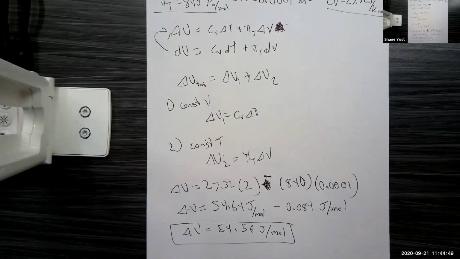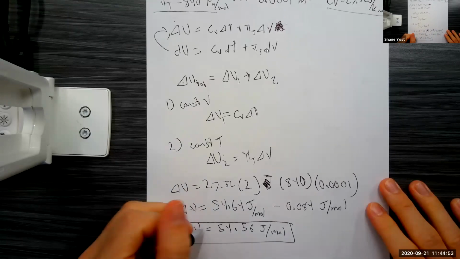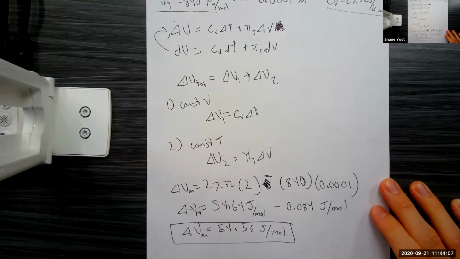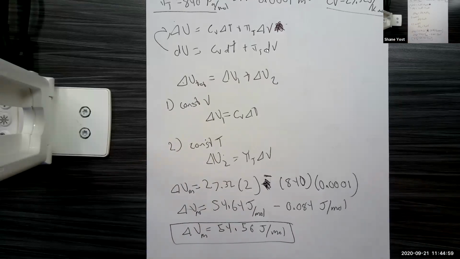That is the change in internal energy, the molar change. I should have written molar here, but these are all molar values. So that's a molar change in internal energy for this process.